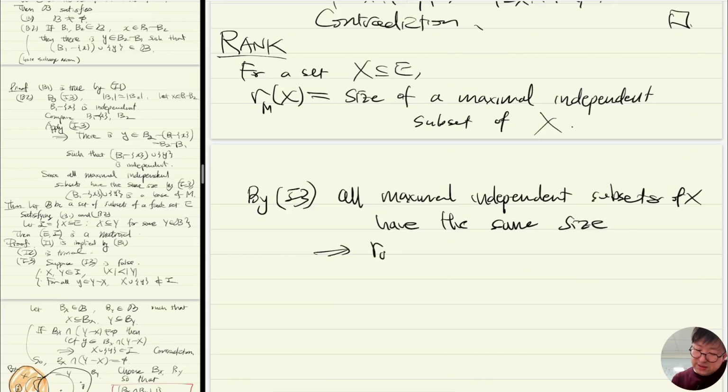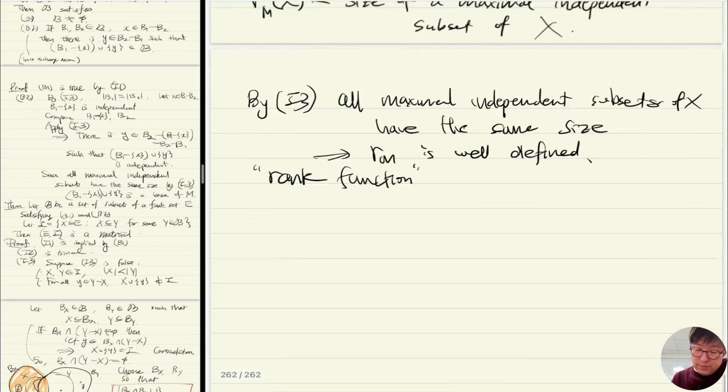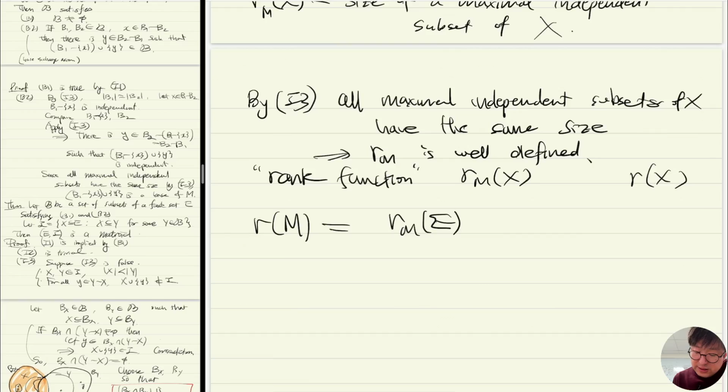So this rank function is well defined, and this is called the rank function. And we write this, or sometimes we just write rank of X. And rank of M is the rank function of this thing. So this is the rank of the matroid M.